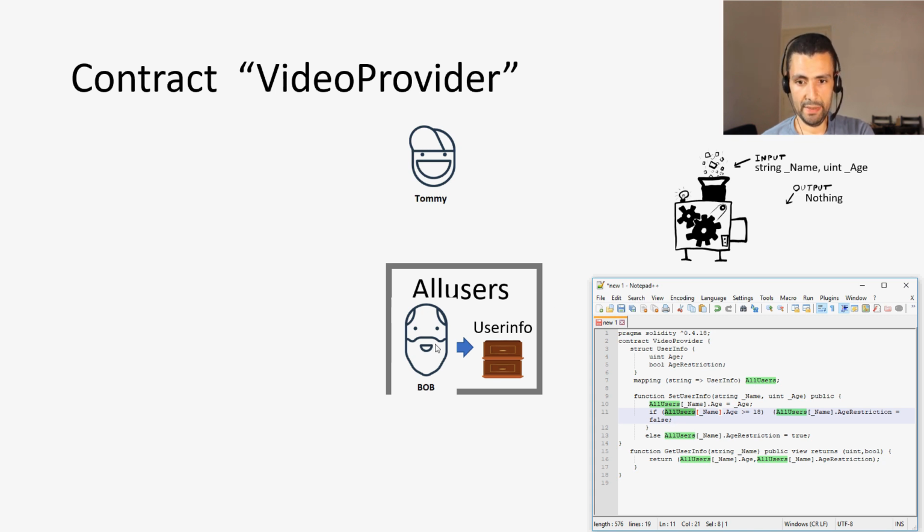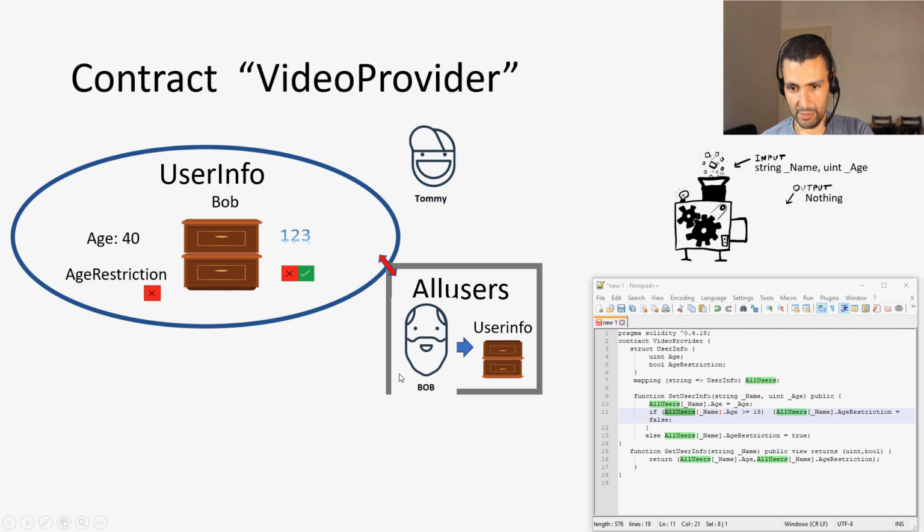So in our case, here is Bob, this is our string, and it's mapped to the user information inside the all users, and then the user information for this specific string will be the age of 40 that we input here, and the calculated age restriction of false, that he is not age restricted.